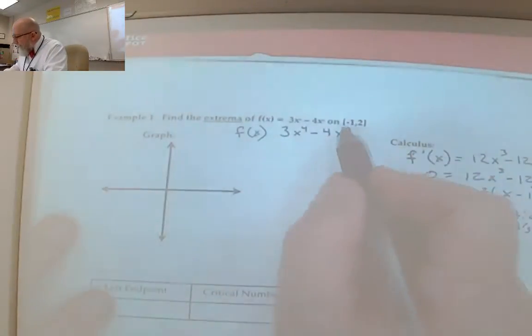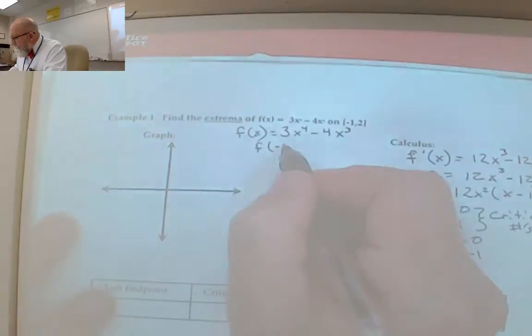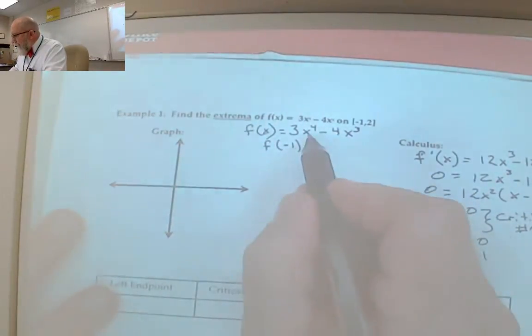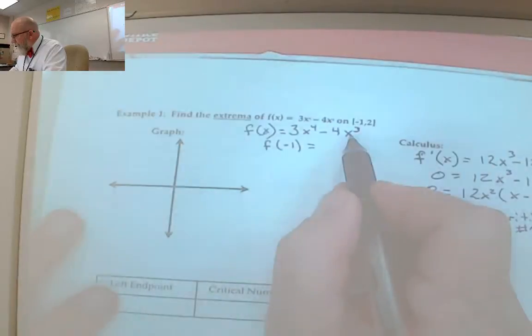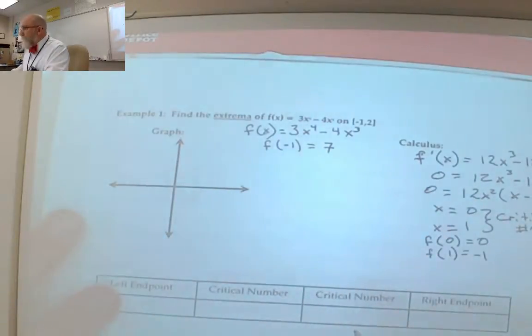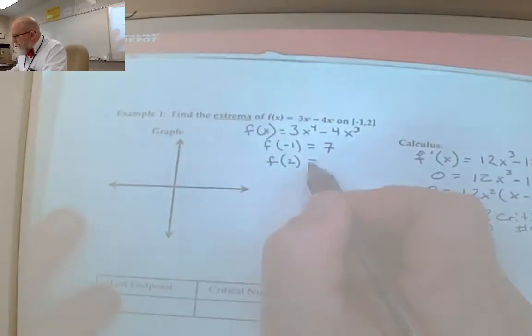Over here are my endpoints. I'm going to plug in -1 into here. So I'm going to have a -1 to the 4th, and I'm going to have a -1 cubed. What's that going to give me? 7. I'm going to plug in the other endpoint, 2.